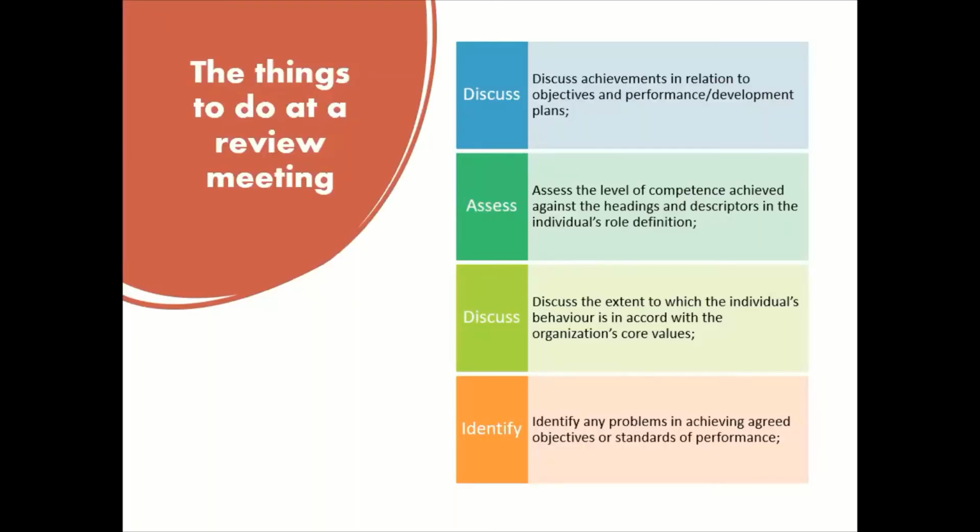The things to do at a review meeting, what we should do in a review meeting. So we have to discuss achievements. We have to appreciate if there are excellent achievements, as well as if there are negative performance issues, then we have to discuss those also.